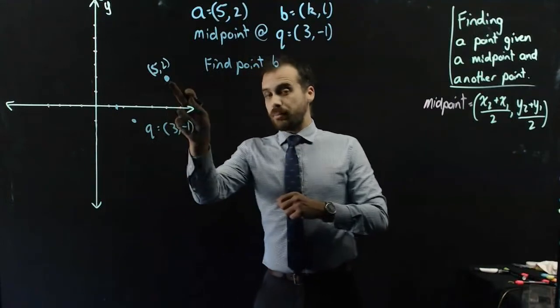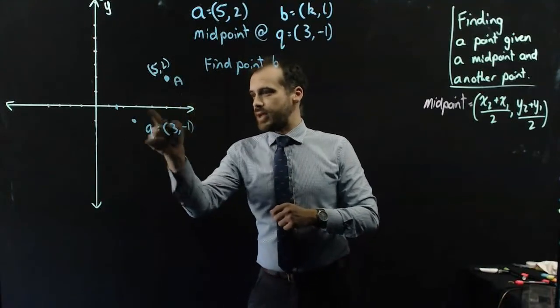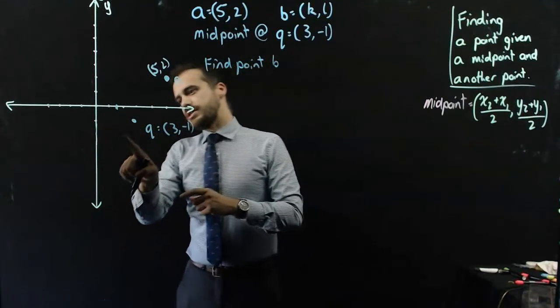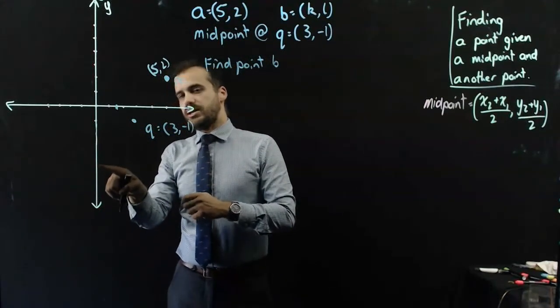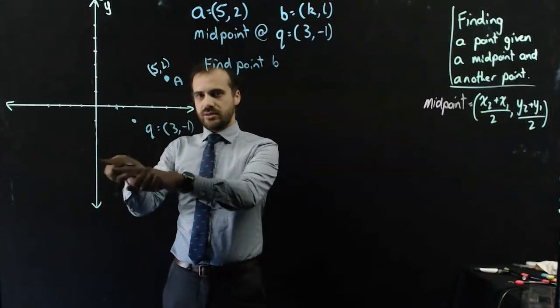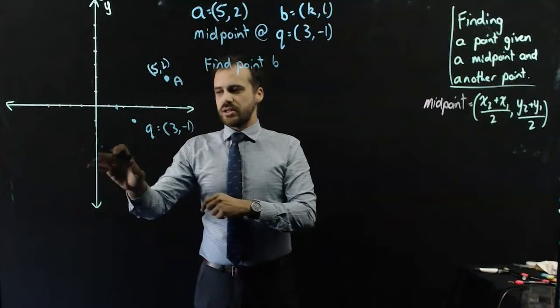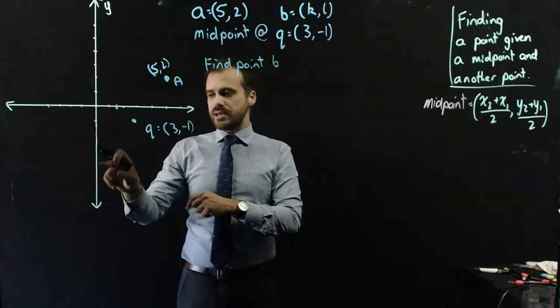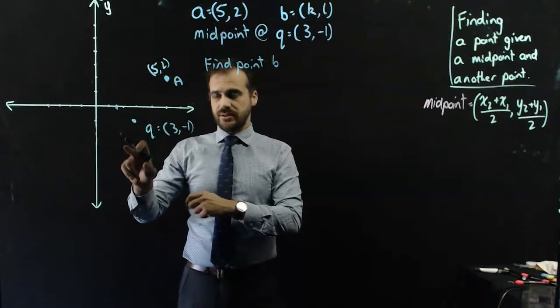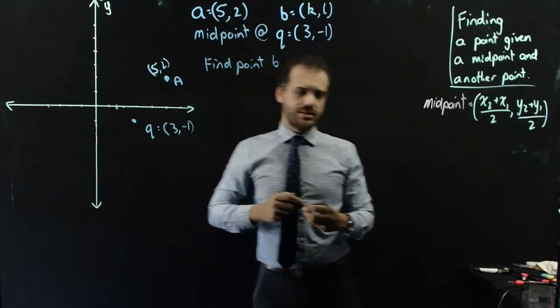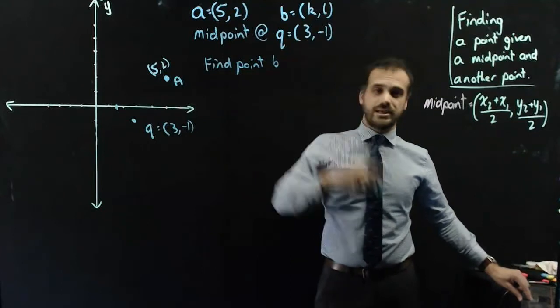Now, if that's point A, and that's point Q, point B must be over here-ish. So even though I don't know the exact answer yet, at least I have a vague idea that B is going to be down here. Okay, so let's get to work. I should really use an uppercase Q and uppercase B.